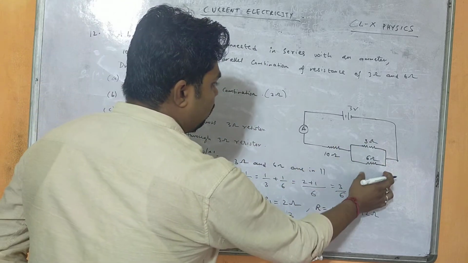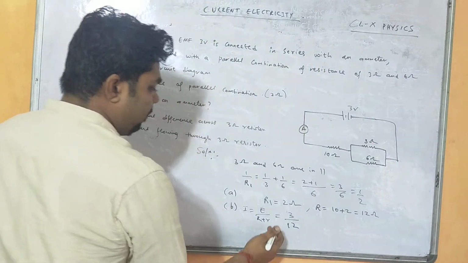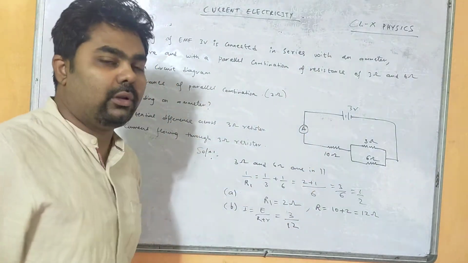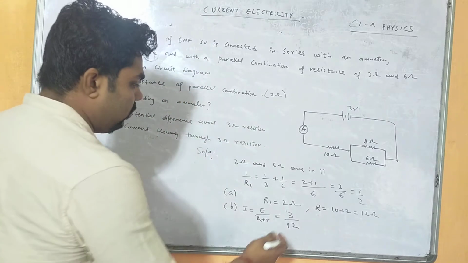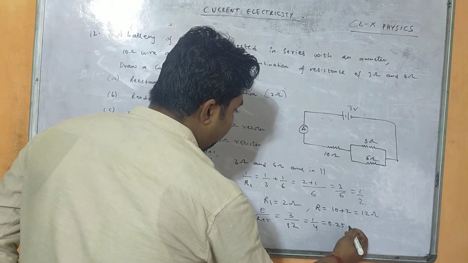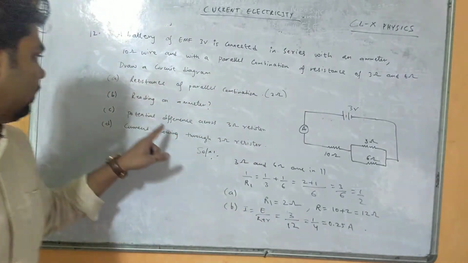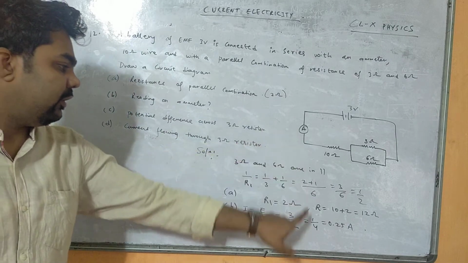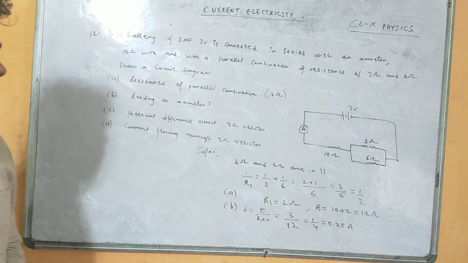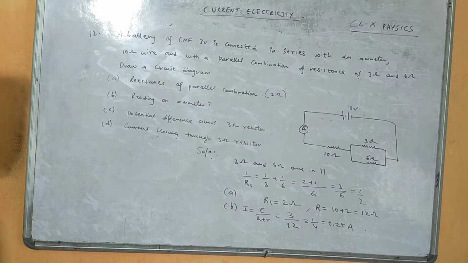Small r is not given in the question because internal resistance is 0. So 3 by 12, that is 1 by 4, or that is 0.25 ampere, right? So total current also we got here. So reading on an ammeter, so what is the reading here? 0.25 ampere.